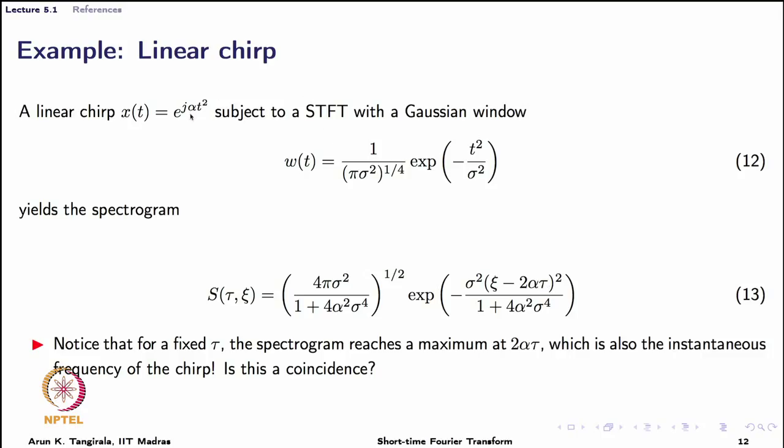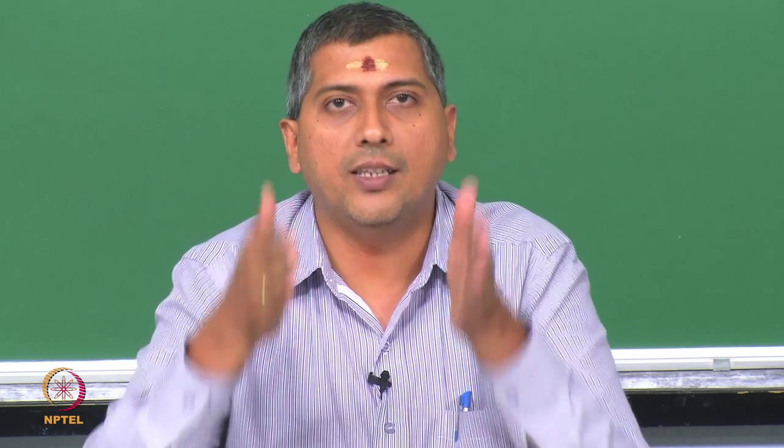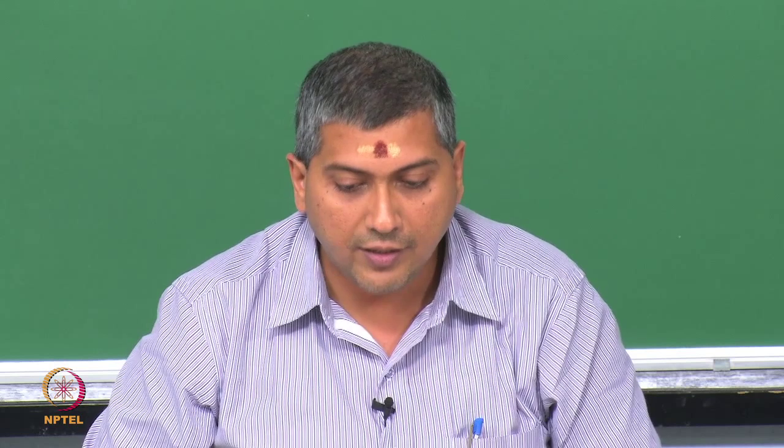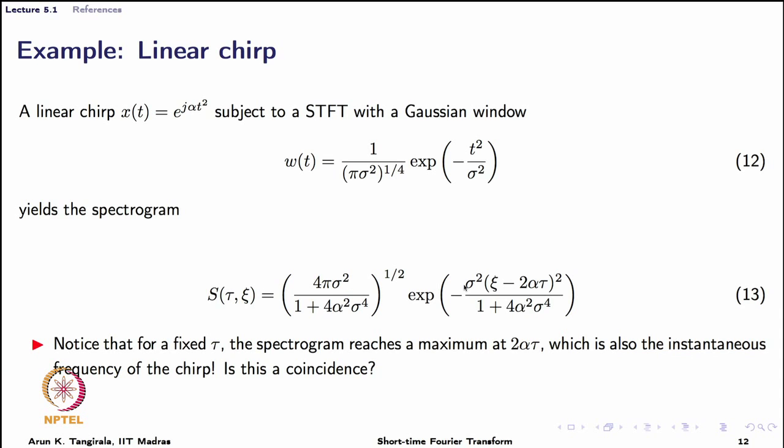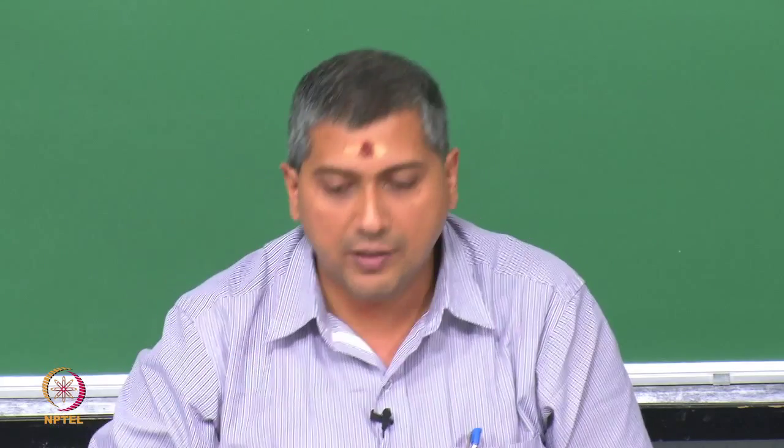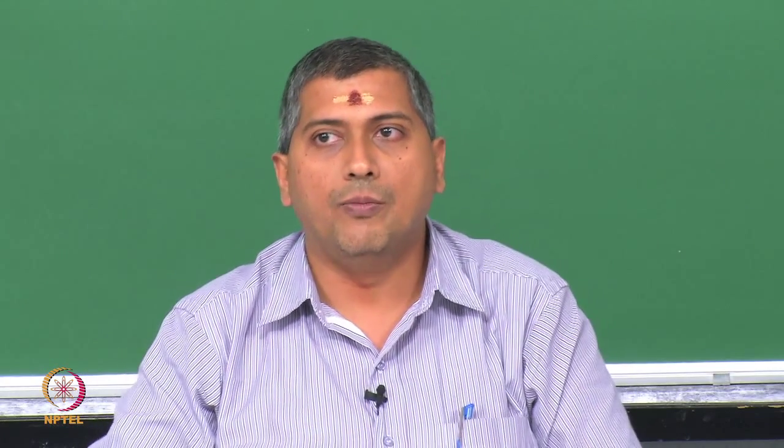Alpha is a feature of the signal here, tau is the time that you are looking at, and z is the frequency at which you are situated in the time frequency plane. So, it says this spectrogram reaches a maximum in the time frequency plane at a given time tau when the frequency is 2 alpha tau.